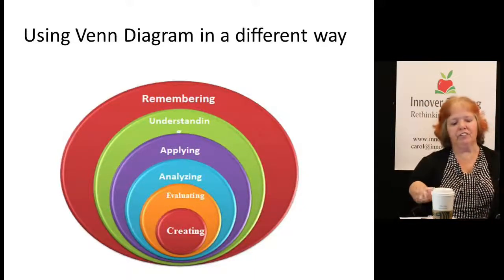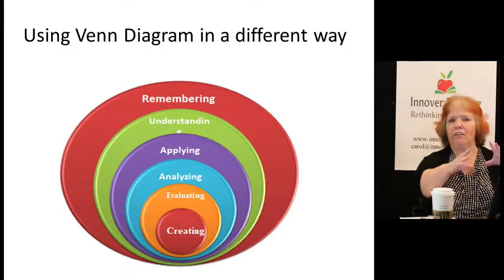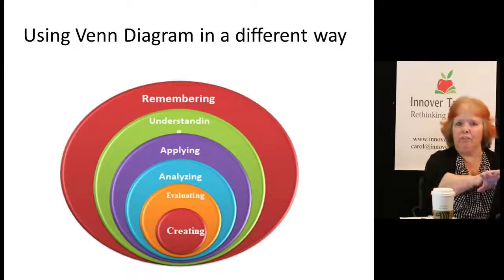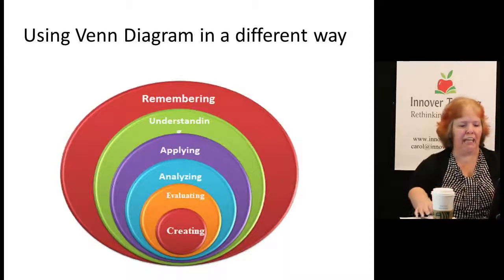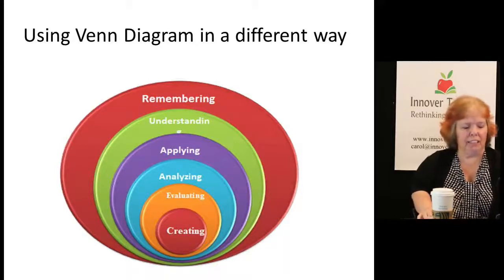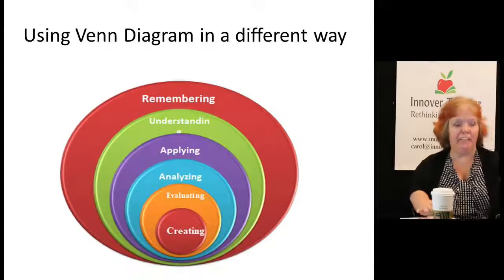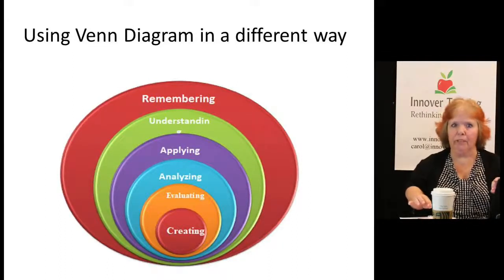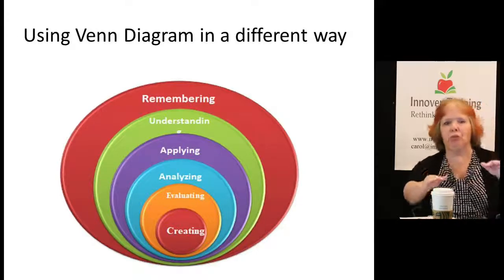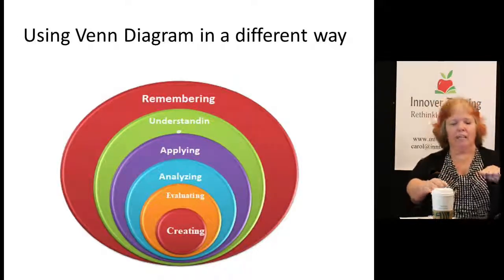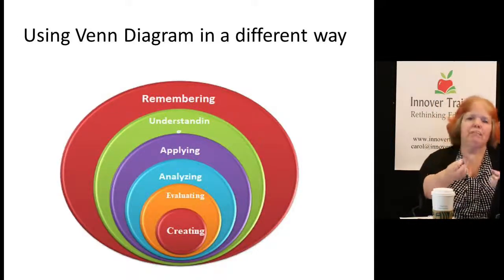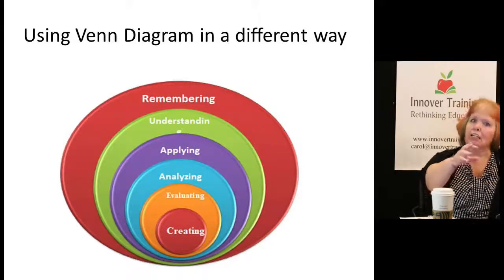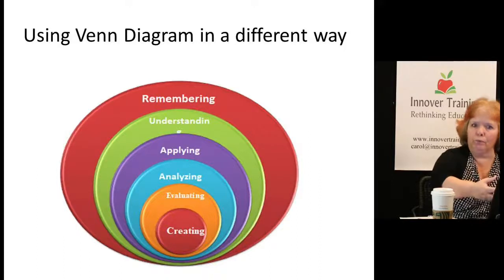So this Venn diagram has all the circles inside one another. If you look at what they're listing: remembering, understanding, applying, analyzing, evaluating, and creating. These are different learning processes. The deepest level of learning is where the student can create on their own.